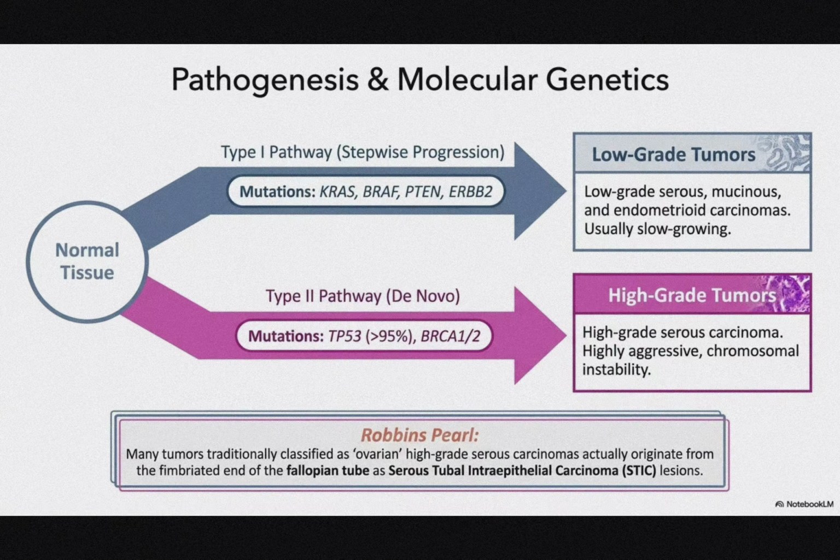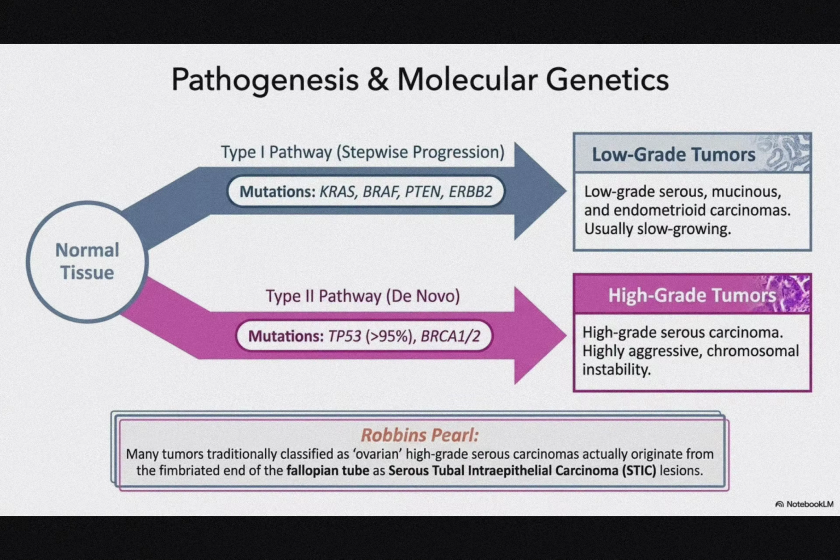The type 1 pathway is stepwise progression, and the type 2 pathway is de novo. In the type 1 pathway, we have mutations like KRAS, BRAF, PTEN and ERBB2. In the type 2 pathway, that is de novo, we have mutations like TP53, in more than 95%, and also mutation of BRCA1 or 2.